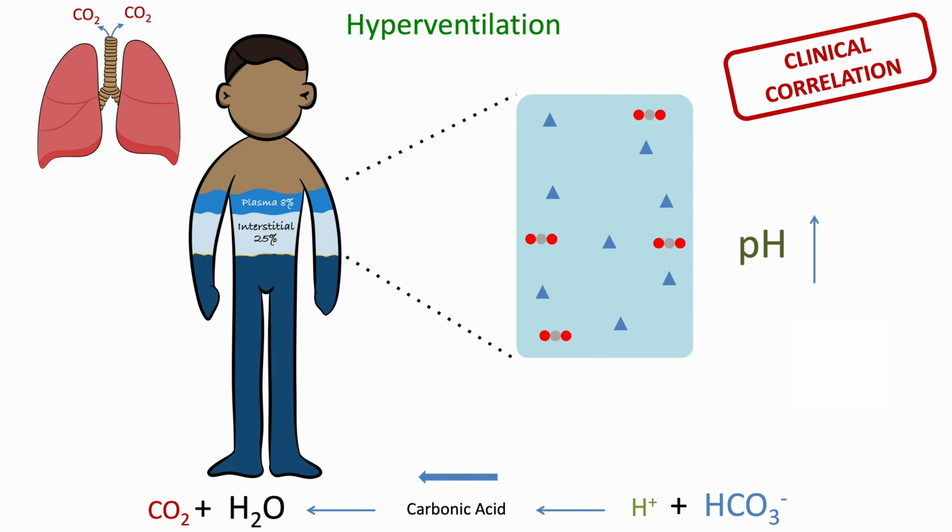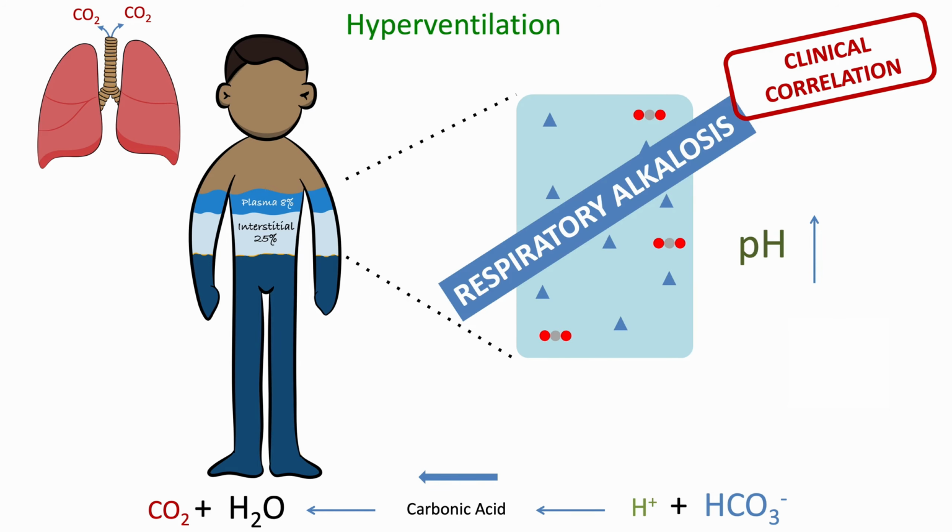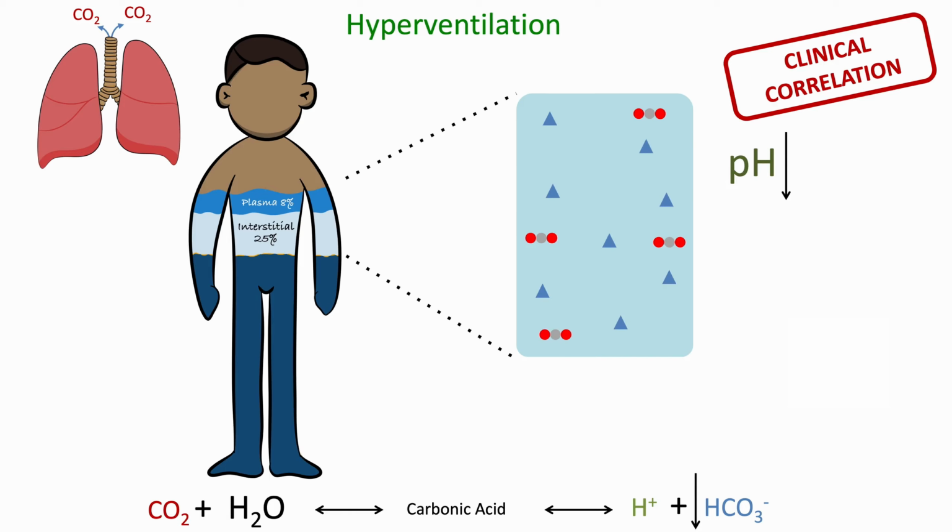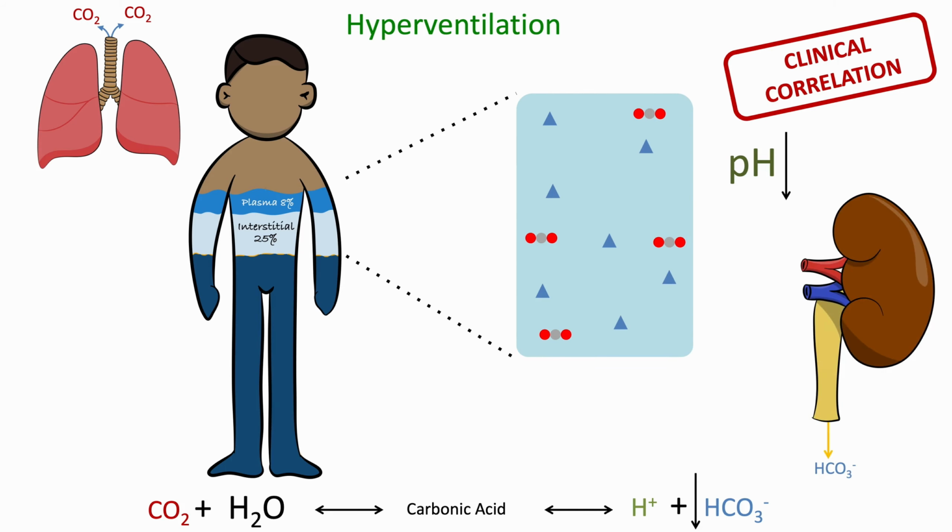Any process that decreases the partial pressure of carbon dioxide and thereby increases the pH is a respiratory alkalosis. If a person has a respiratory alkalosis, the kidneys will compensate by decreasing the serum bicarbonate. This will compensate for the change in PCO2 and normalize the pH. This process is again referred to as compensation.